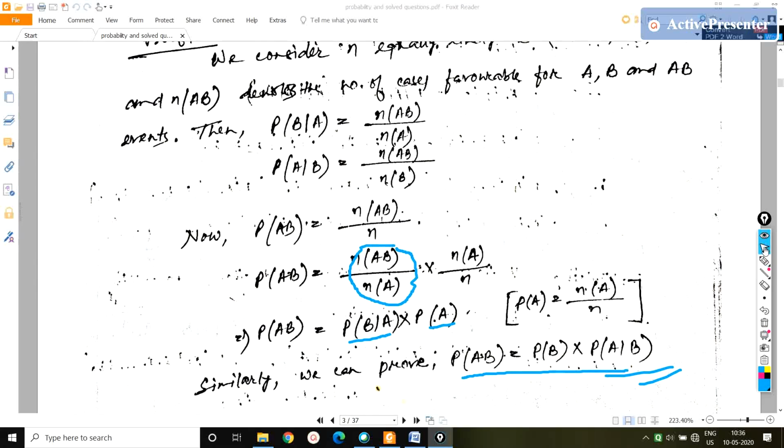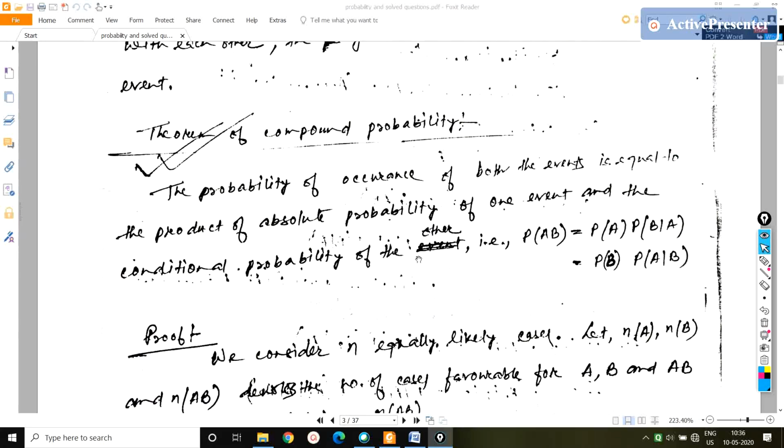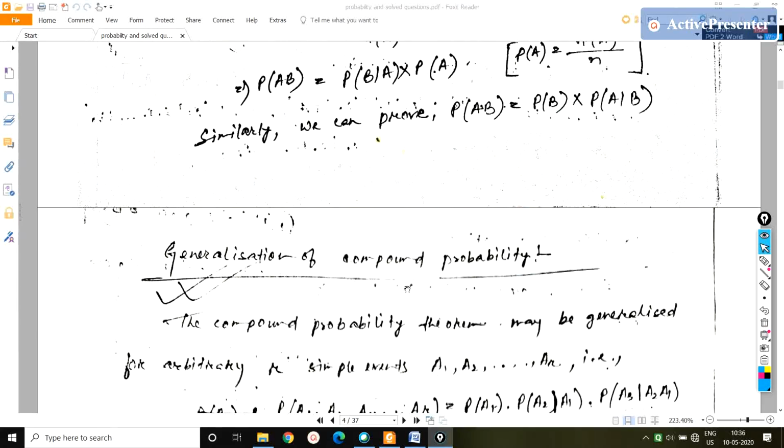It's not difficult at all. So now this is your theorem of compound probability.